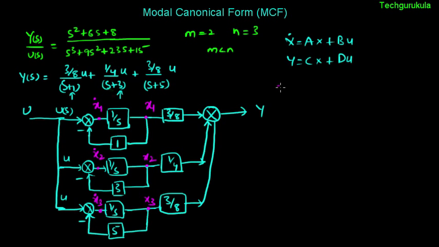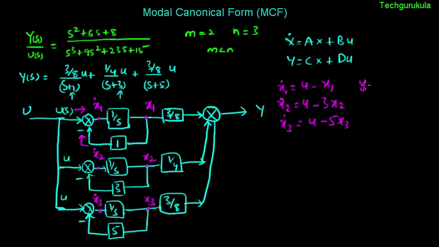Now let us write the state equations for them. x1 dot would be equal to the input minus the feedback multiplication of x1, which will be u minus 1 times x1. If you write x2 dot, it will be u minus 3 times x2, and x3 dot would be u minus 5 times x3.